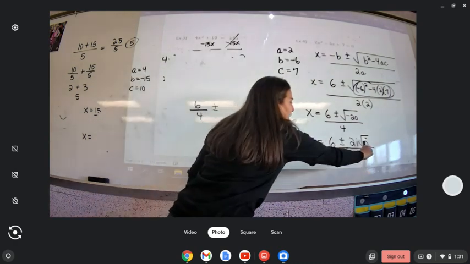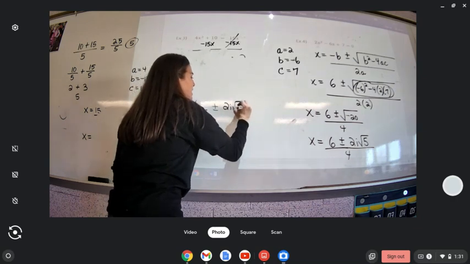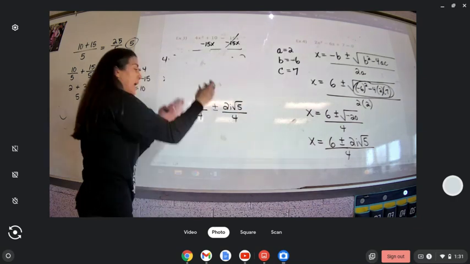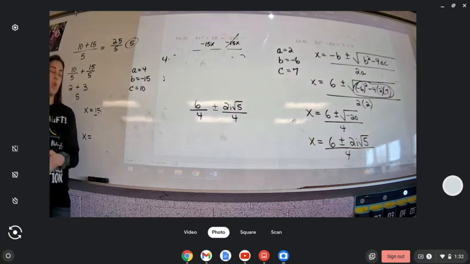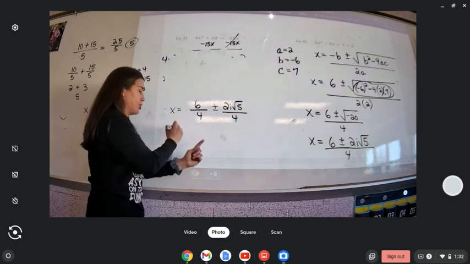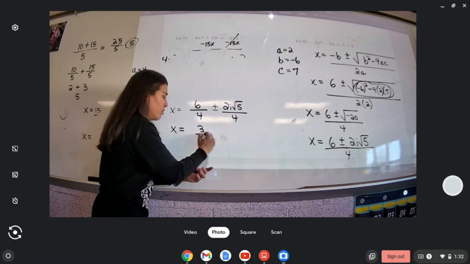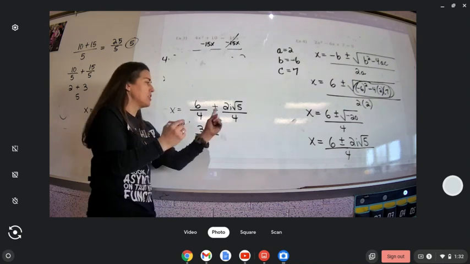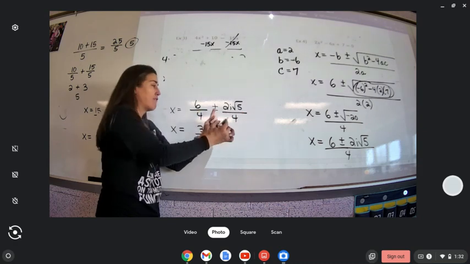Now take 2 times i times square root of 5, and divide it by its own 4. You're just taking the pieces in the numerator and giving them their own separate denominator, so we can deal with them one fraction at a time. So now, what does 6 over 4 reduce to? 3 over 2. Plus or minus, since this is all attached by multiplication, I am allowed to reduce my fraction.